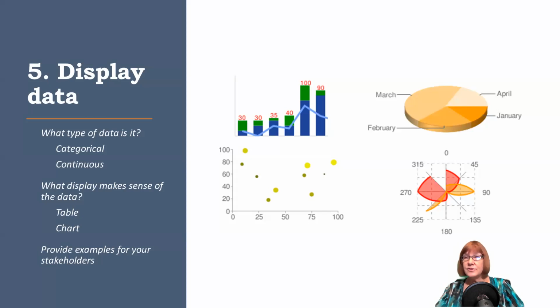And you have to ask yourself, what kind of display makes sense? What is going to most quickly capture what you're trying to convey to your stakeholders? Sometimes it's a table, sometimes it's a chart, and sometimes it's both. So make sure that you are providing examples for your stakeholders.